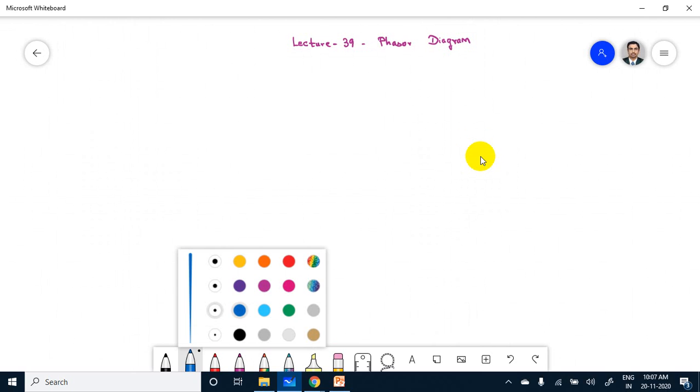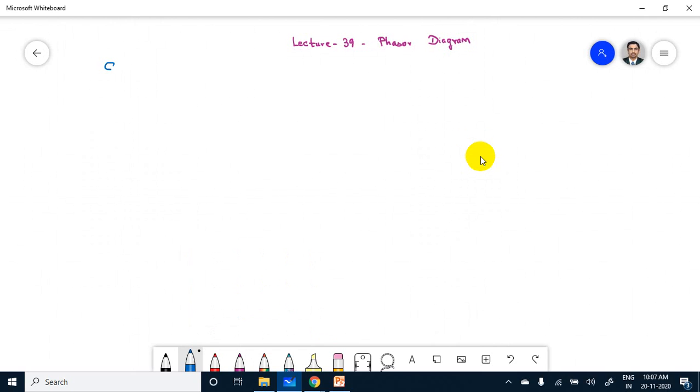The subtopic for this is synchronous motor with different excitation.